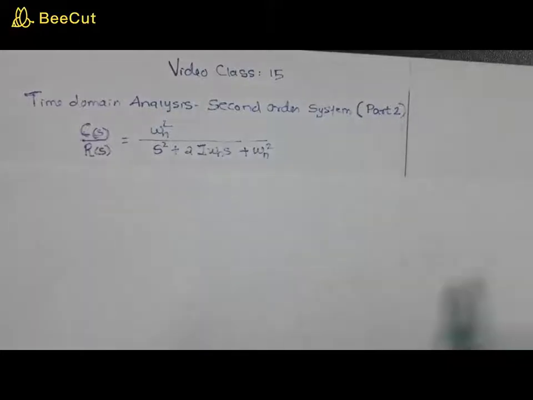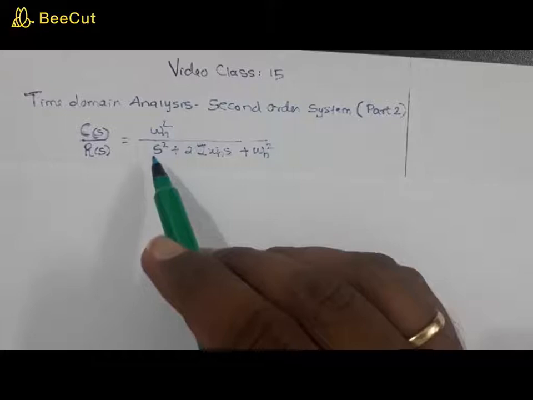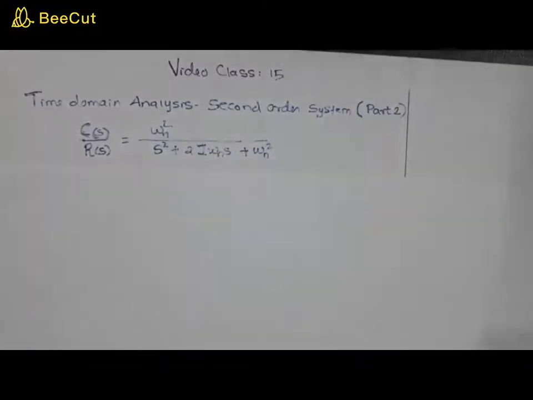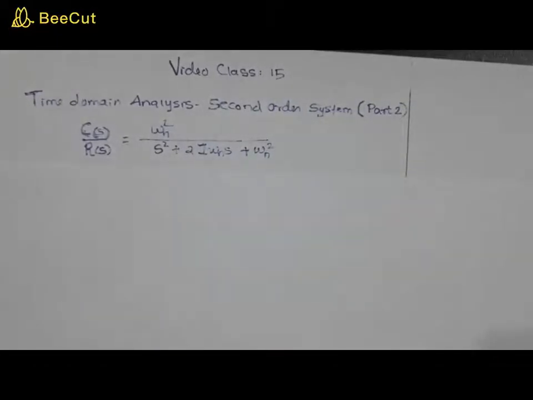We actually started with the second order system transfer function, which is given by omega n square divided by s square plus 2 zeta omega n s plus omega n square, right? Then we defined this omega n as the natural frequency of oscillation, while zeta is the damping ratio.